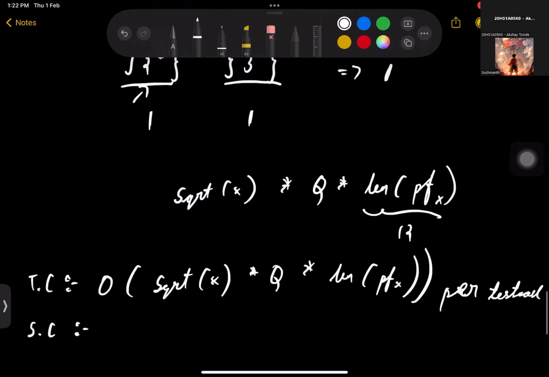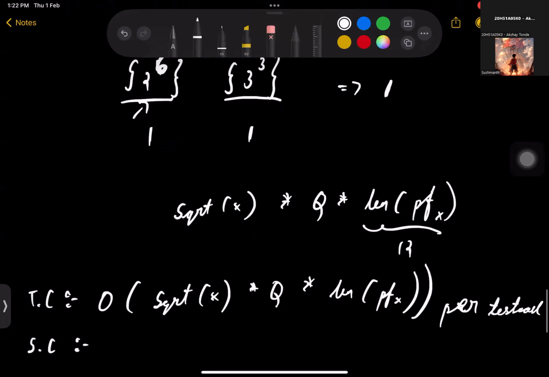In the worst case, it would be 1000 into approx square root of x, and it's not into q, this should be plus q into length, because for every query we iterate over prime factors of x. This is computed separately, not for every query. Before the queries, we pre-compute all prime factors. So it is square root x plus q into length of prime factors of x.